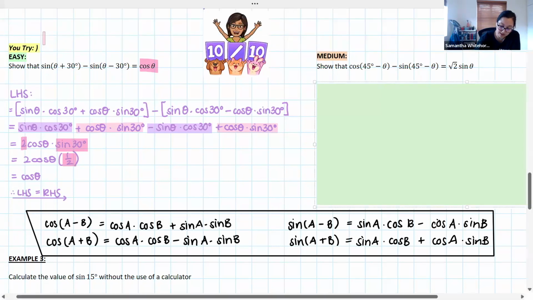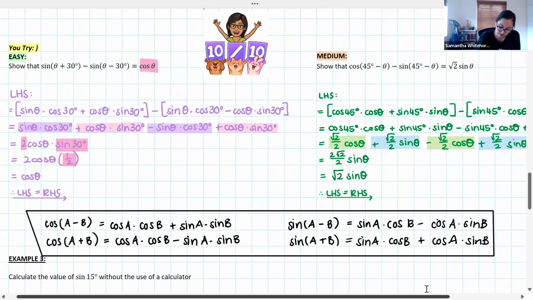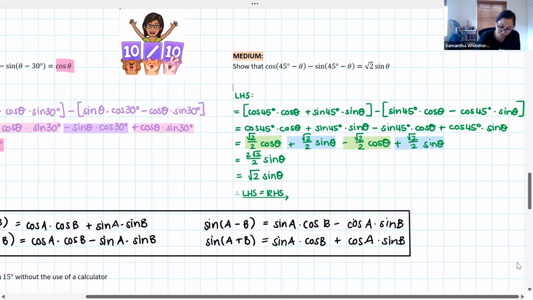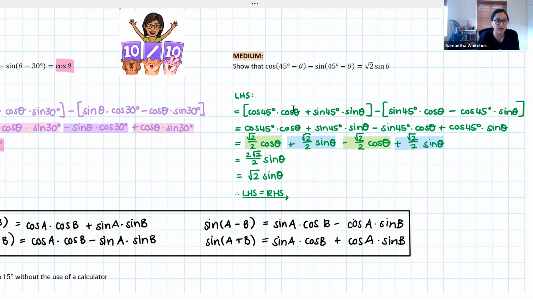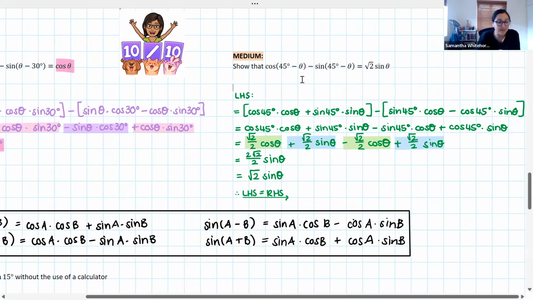If we have a look at the second one, I'll just shimmy on over here. The second one was a little bit more going on, especially because the special angles were not wonderful to work with because it was sine and cos of 45. But the same thing, you've got compound angle formula, expand them, you can then simplify.